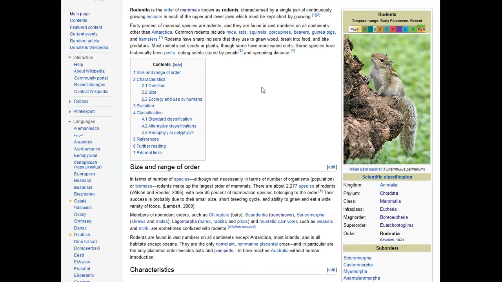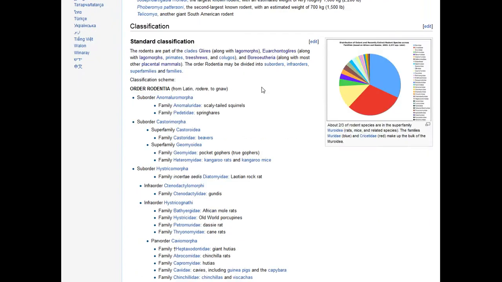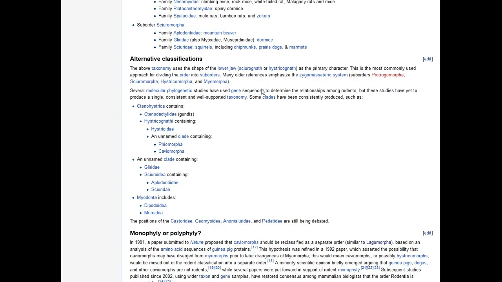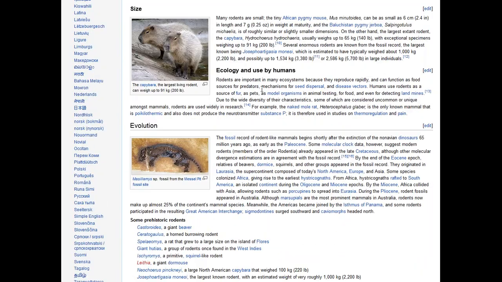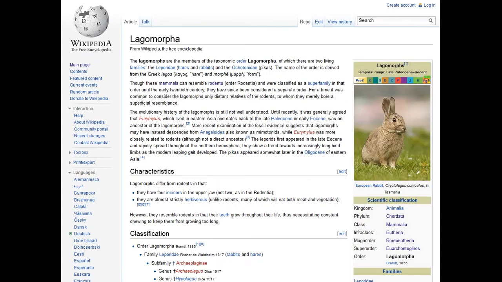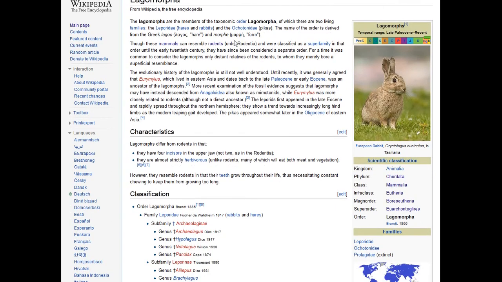Back to the Wikipedia page, lots of examples of these, a big long list, and you won't find rabbits in there, because rabbits are in fact a member of the taxonomic order Lagomorpha. So a cute picture of the bunny rabbit, and there you go.